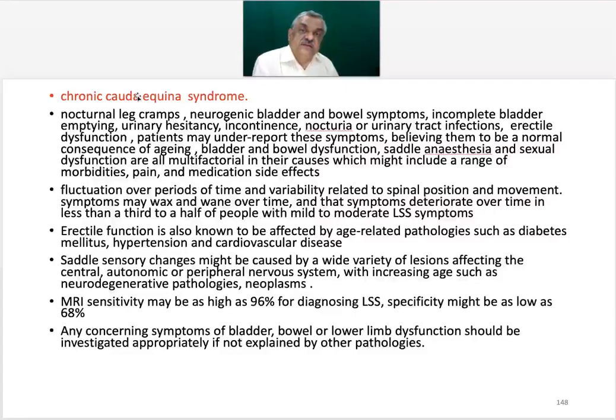MRI sensitivity in lumbar stenosis is very high, almost 96%, but specificity may be very low, as low as 68%. Any concerning symptom of bladder, bowel, or lower limb dysfunction should be investigated appropriately if it is not explained by local or other pathologies. So what we are trying to say is that we need to be concentrating on spine-related causes, but we do not lose sight of other causes.